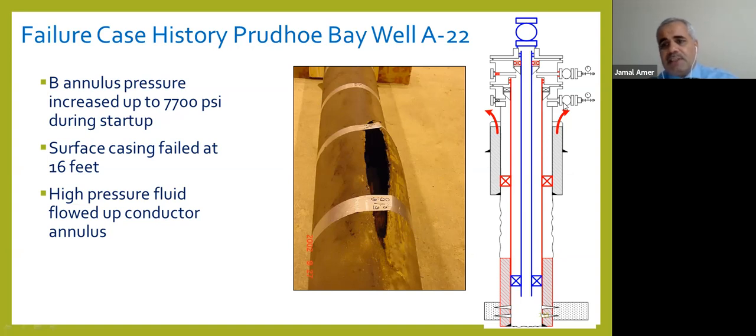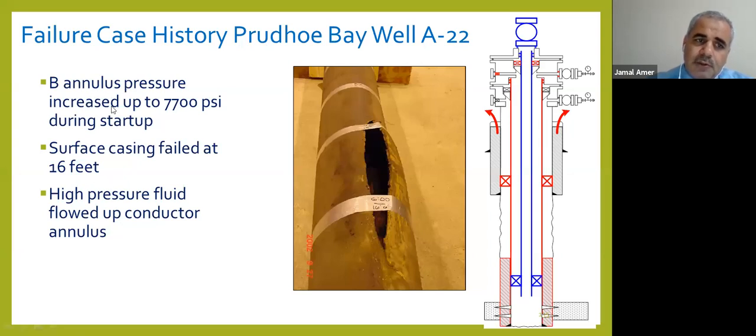If we didn't bleed off this increase in pressure, it could cause, as we see here, a burst due to thermal expansion. See how much this burst happened. Surface casing failed at 16 feet.